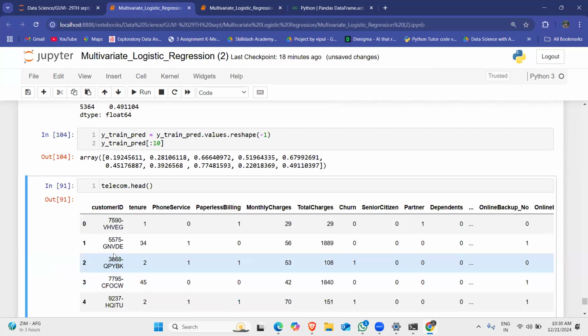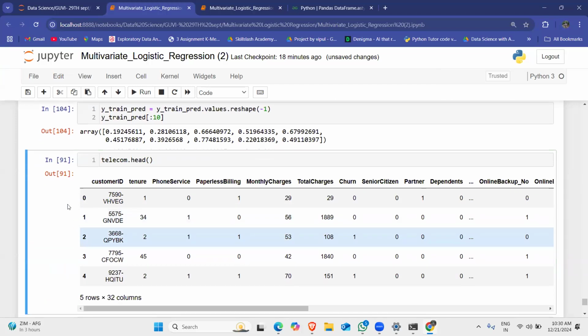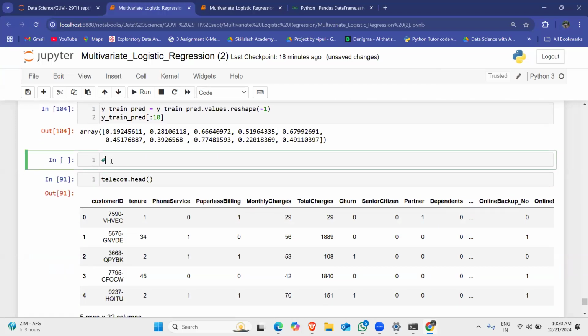And then we'll create a data frame with the actual churn flag. Let us give the heading as creating a data frame with the actual churn flag and the predicted probabilities.